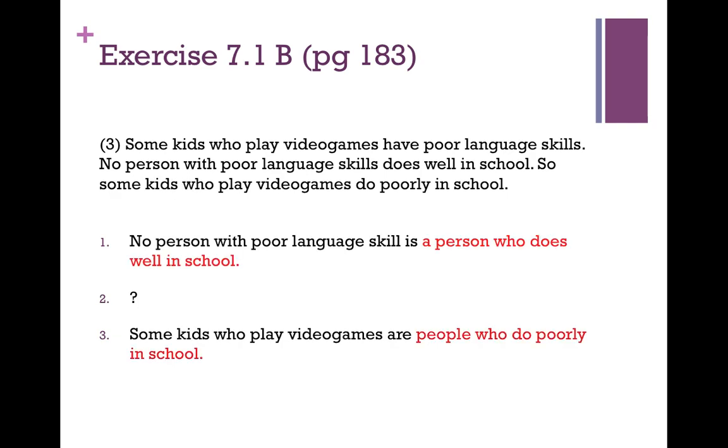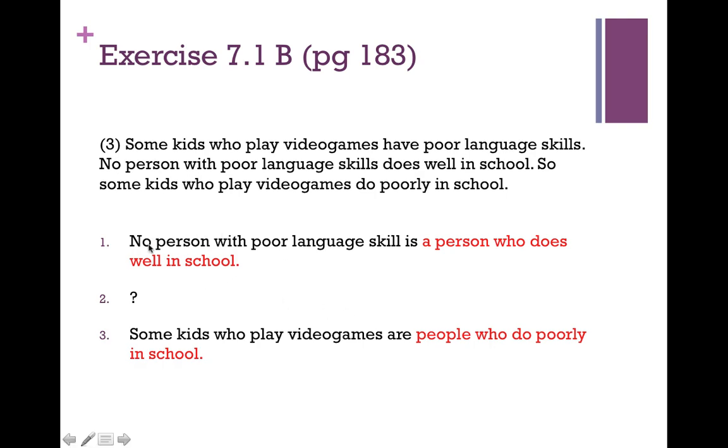Now the closest thing we have to it is this right here. No person with poor language skills is a person who does well in school. But this right here, person who does well in school, is not the same class that we're talking about down here. The class of people who do well in school and the class of people who do poorly in school, those aren't the same things.